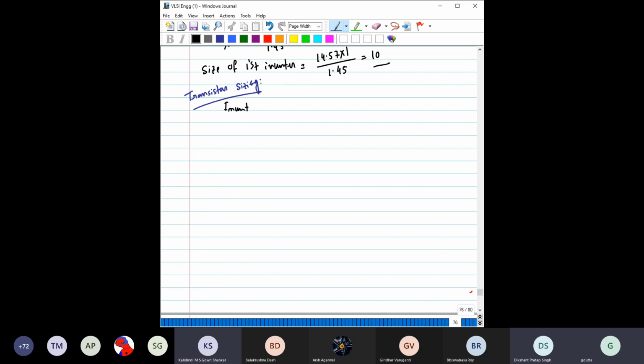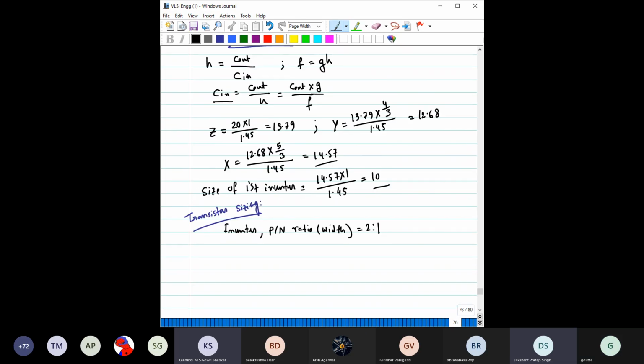For this inverter, it is given the P by N ratio, meaning width ratio, equal to 2:1. And this is basically the size of the inverter. Size means basically the total input capacitance for a single input. So it is 13.79, among which 2 goes for PMOS, 1 goes for NMOS.